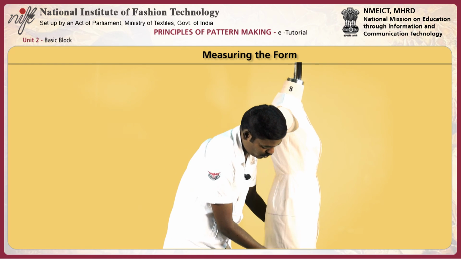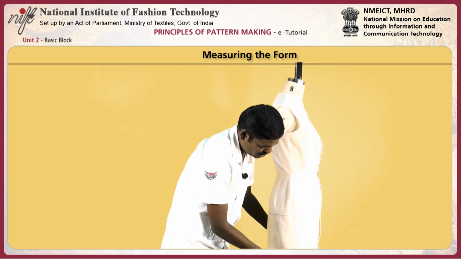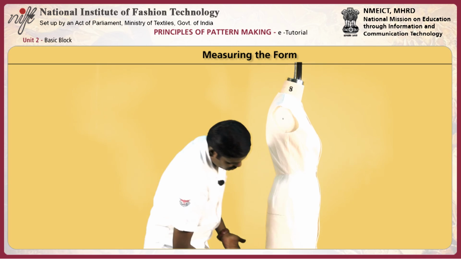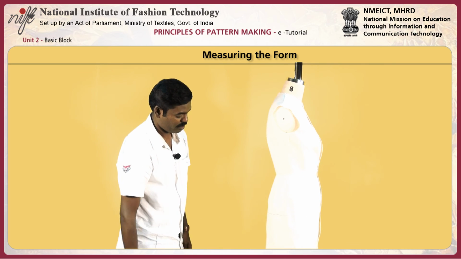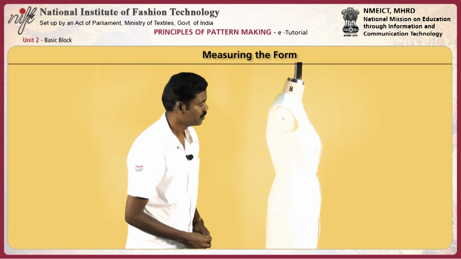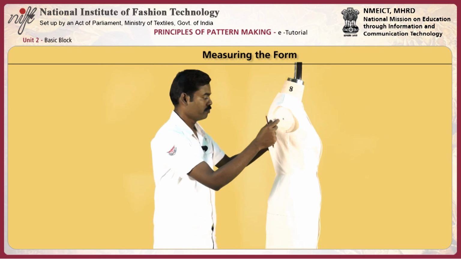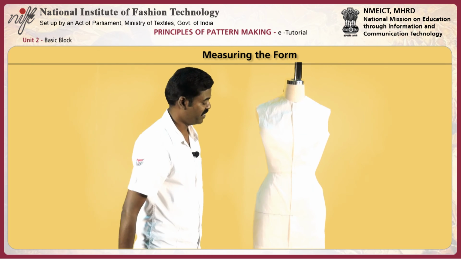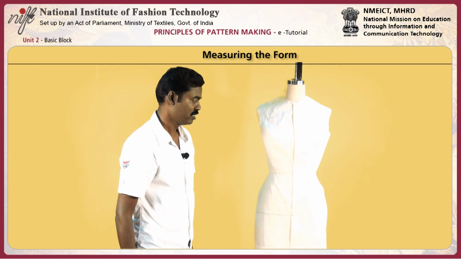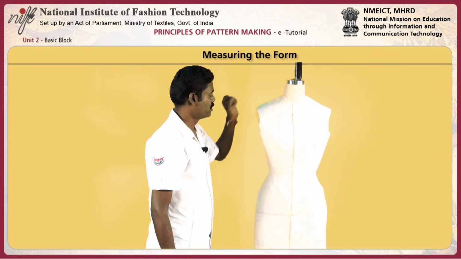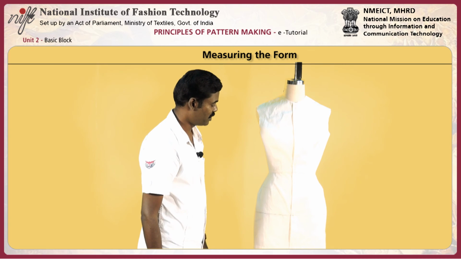You should not go front or back. Then the bottom of the skirt should be parallel to the floor. There should not be any hiking. Once all the fitting is coming perfectly, then you can go for the production pattern. If any alteration is required, mark it and do the alteration in the pattern.